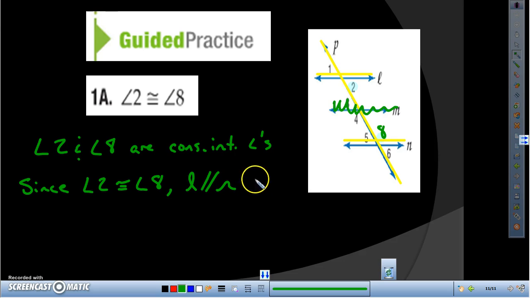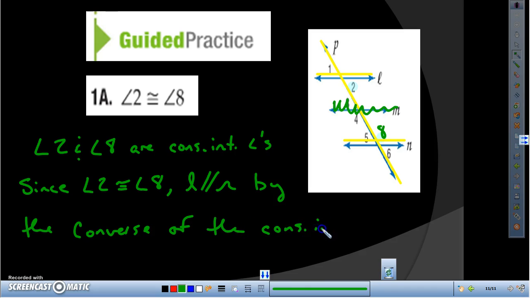And what did I use? By the converse of the consecutive interior angles theorem. Okay, and you can abbreviate any of this that you want as long as I can still understand what it is that you're saying.